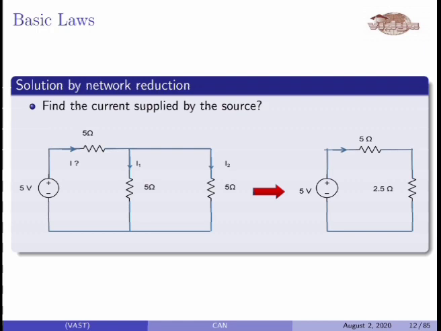This is the method of resistance reduction technique. This method can be used if the circuit contains only a single source and the remaining network constitutes only resistances, inductors or capacitors. So this is the first method, that is solution by network reduction.